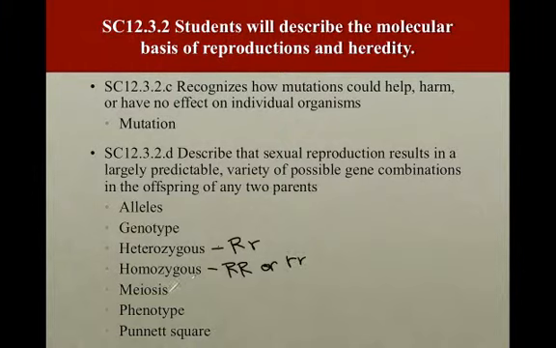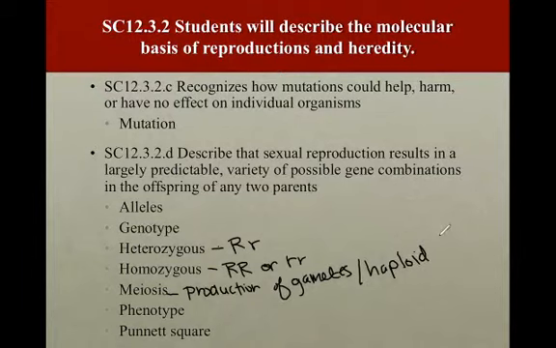Meiosis is the production of gametes. Right, the cells that will join together to make the offspring. They're called haploid cells. They're haploid because they have half the number of chromosomes that the parent cell would have.